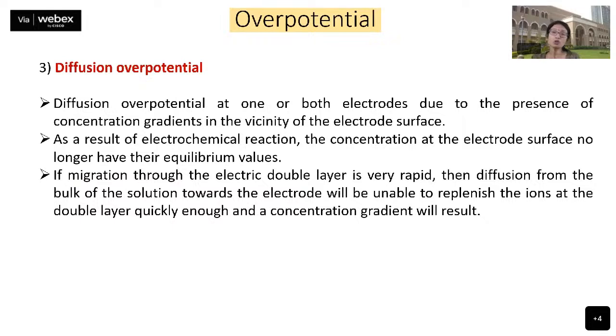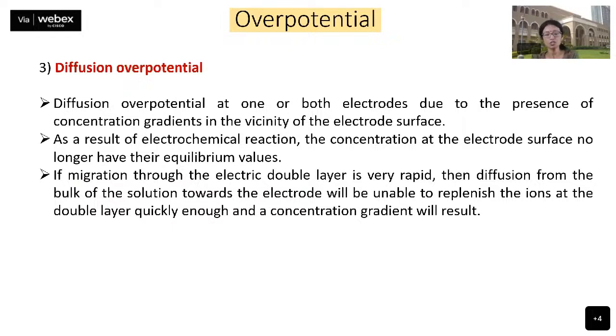Then you have a diffusion overpotential. This is due to the presence of a concentration gradient in the vicinity of the electrode surface. The concentration of the materials at the electrode surface does not stay at the equilibrium value when the reaction is occurring.